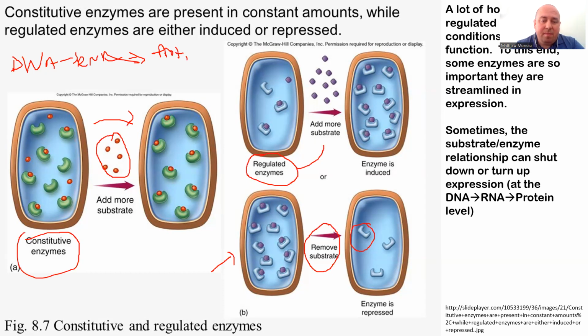Similarly, the canonical wisdom is that as the amount of substrate increases, the more enzyme is expressed in order to deal with the increase in substrate, in order to, again, maintain cellular homeostasis. Because if the cell is bringing in a certain substrate or produces a certain substrate, and an enzyme is required to change that substrate into something chemically or biologically useful for a cell, you need to be able to respond to it in turn.